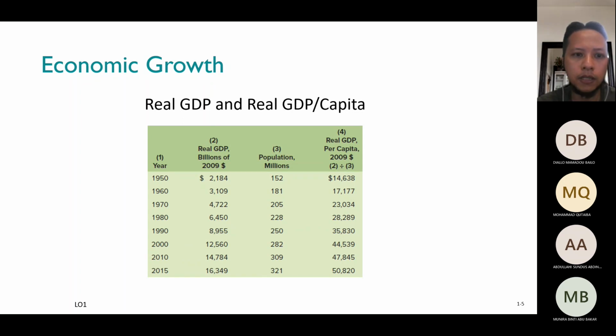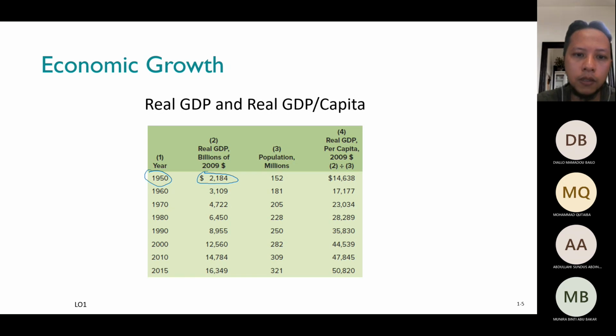Okay, so this is basically the figure in terms of real GDP per capita. Okay, real GDP and real GDP per capita in the US. Okay, so this is the real figures. When we see the figures in US 1950, here is 2 trillion. Okay, so the real GDP in US in 1950 is 2 trillion.